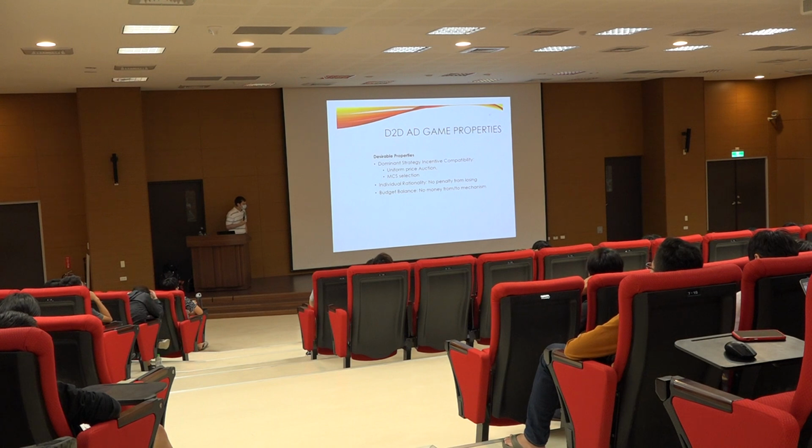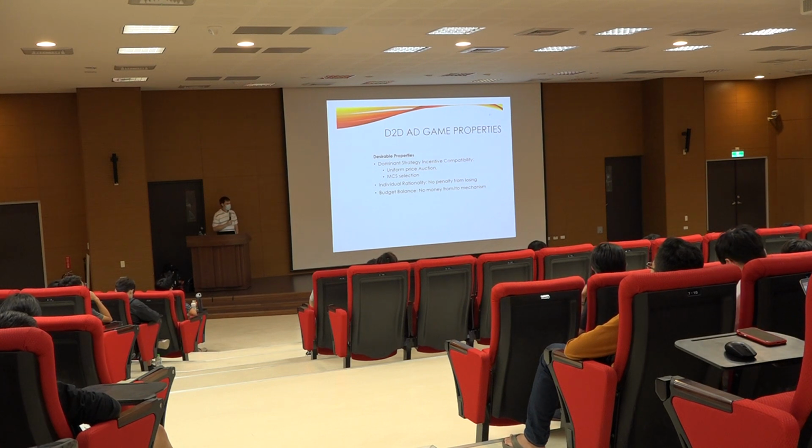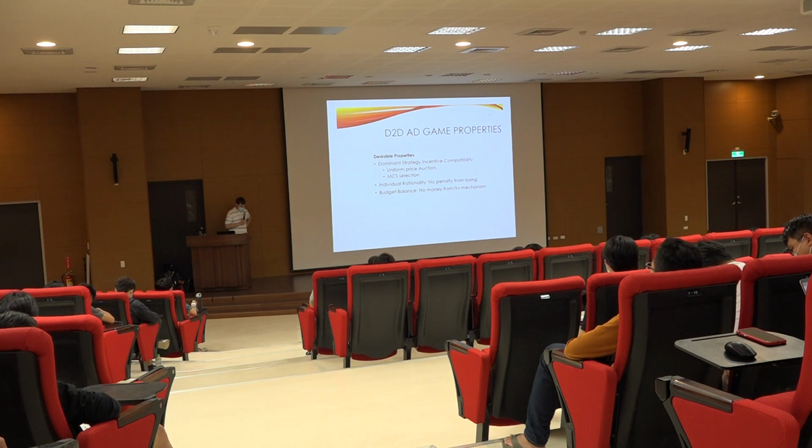And it's budget balanced. Budget balance is an essential property of a sustainable system. I'll take a little deviation from this talk here. If, let's say, a government is subsidizing some commodity, then it's not budget balanced.